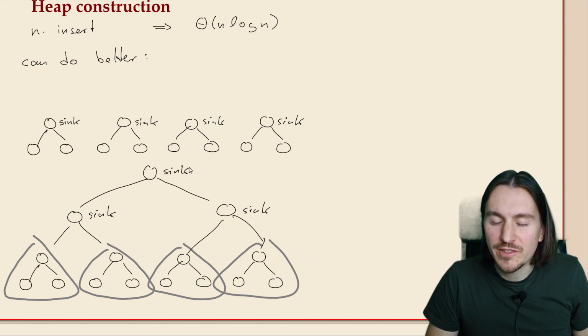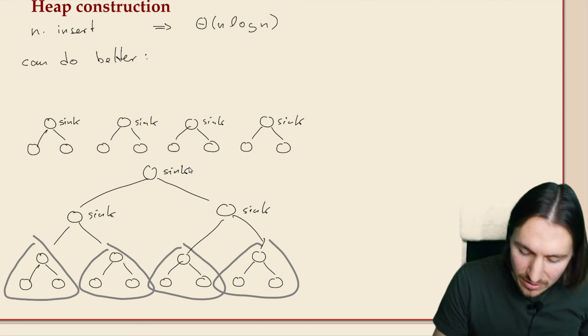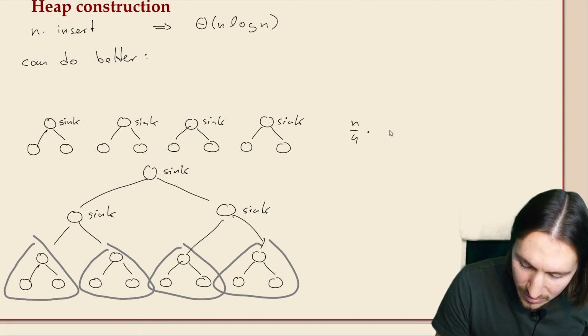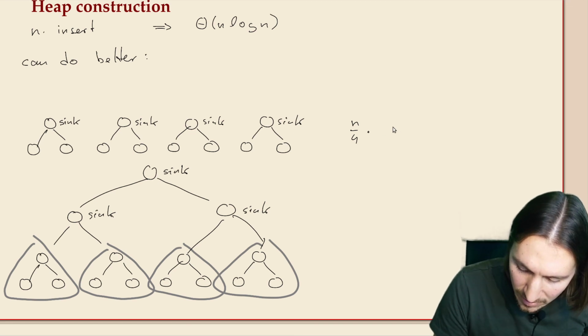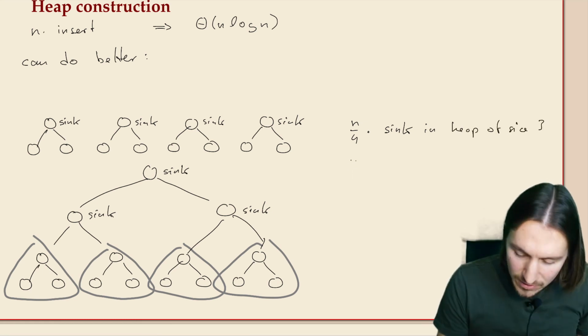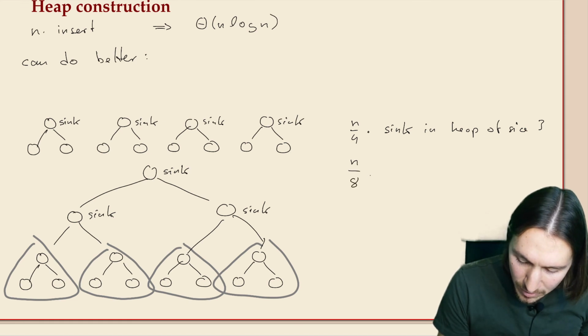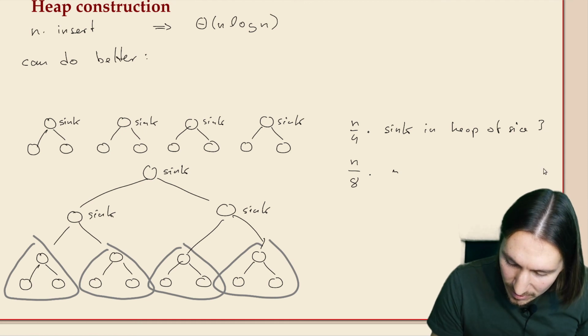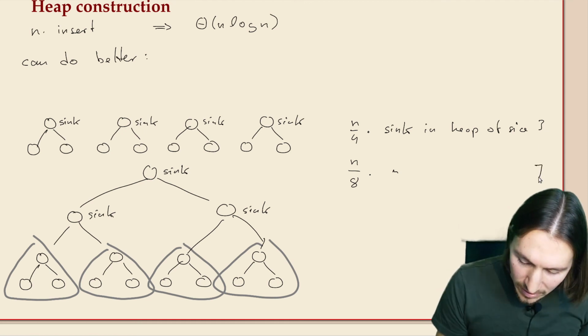And now, why is this more efficient? You need roughly a quarter times sink in a heap of size 3. At the next step, you would need, for an eighth of the nodes, sink in a heap of size 7, and so on.